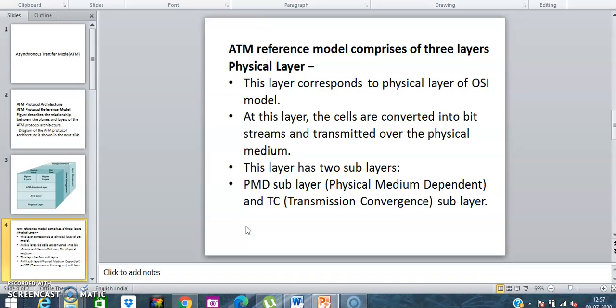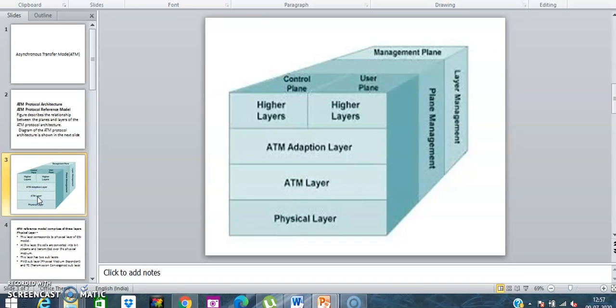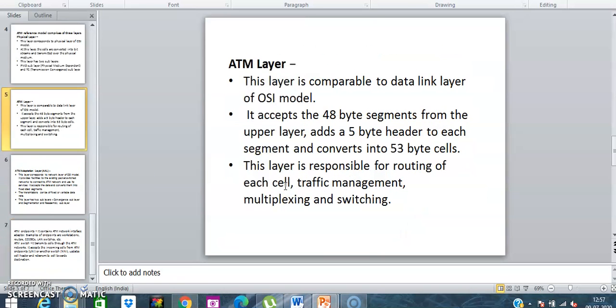After the physical layer, next comes the ATM layer. What is the ATM layer? The ATM layer provides routing information to the data cells. This layer is comparable to the data link layer of the OSI model.